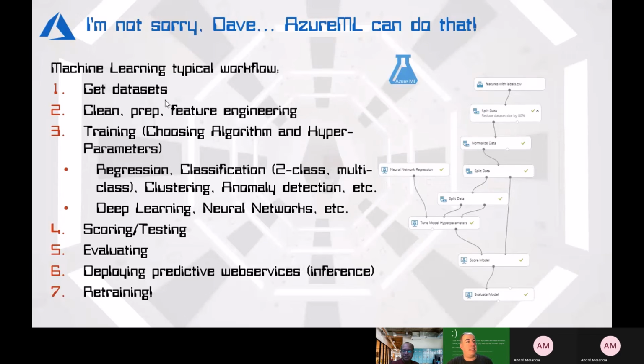So training might take a few minutes, a few hours, a few days even, and then you do some scoring and testing. So what is this? Well, let's go here. So you start with something, you change something, you split the data because you just want certain amounts of data. You normalize the data, so that's the cleaning, etc. And then you split the data into typically 2 parts.